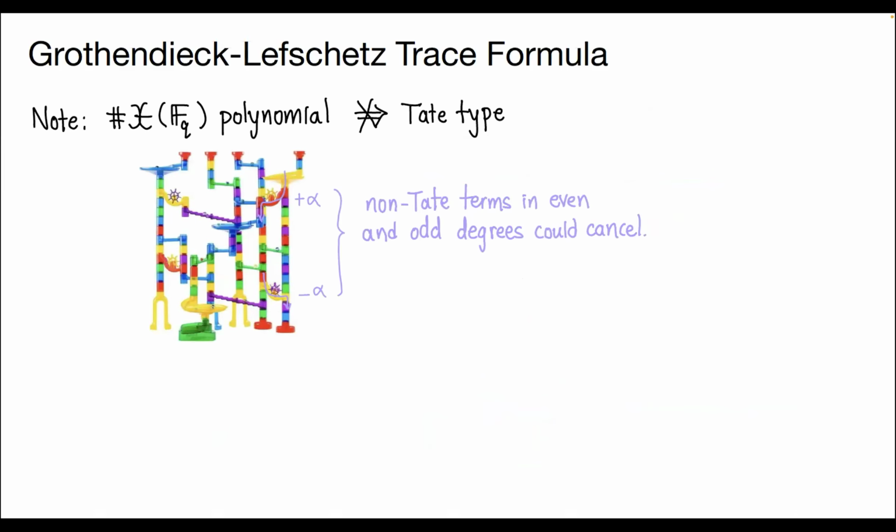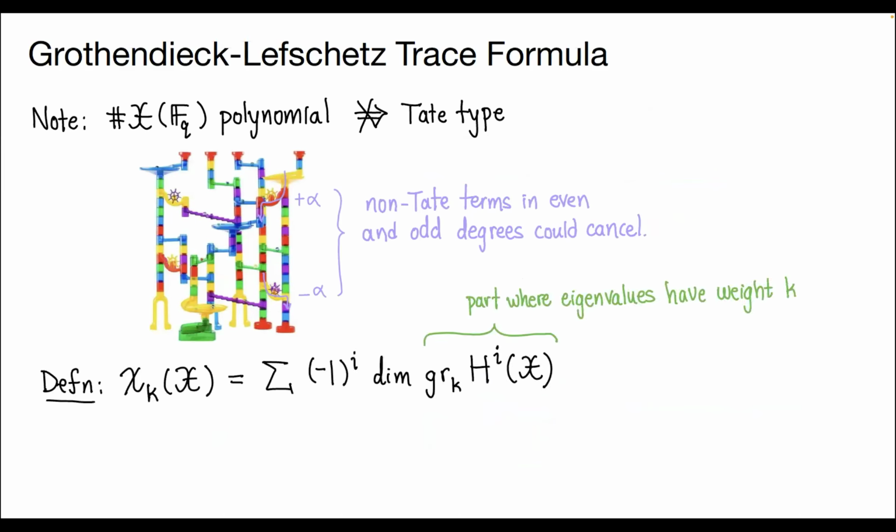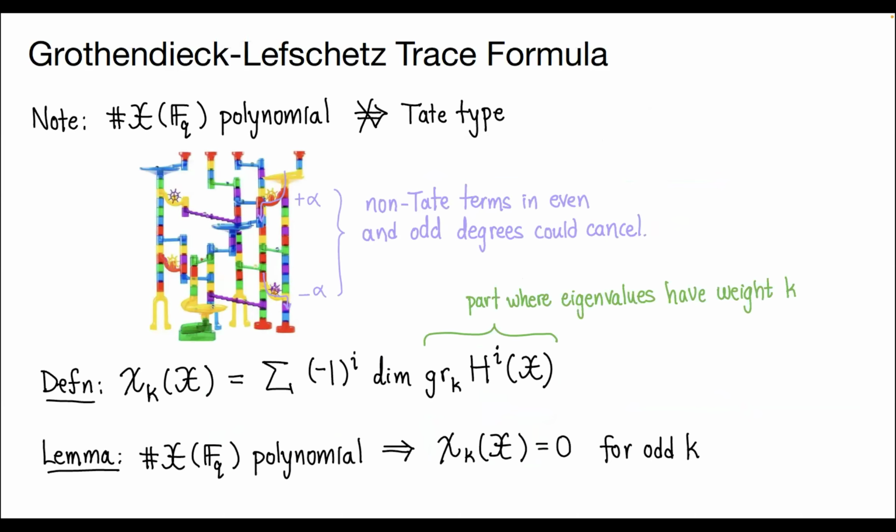So inspired by this, I'm going to define the weight k Euler characteristic to be this alternating sum of the dimensions of the weight k pieces of the cohomology. So then the lemma is that if the point count is a polynomial, then all of the odd weight Euler characteristics must vanish.